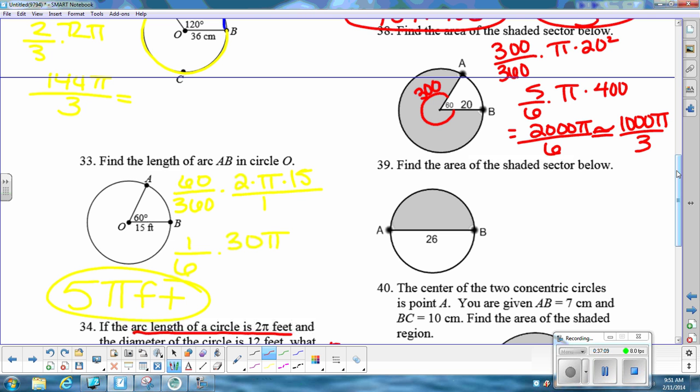And if we plug that whole thing into the calculator, we get that our area is 1,047.197. Again, no units, so we don't need them in our answer.